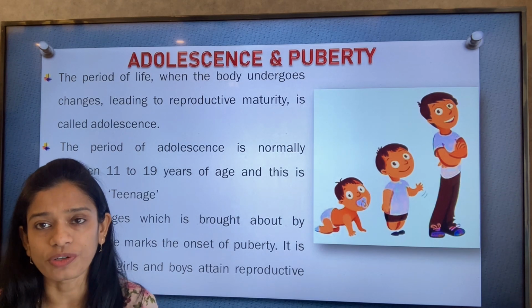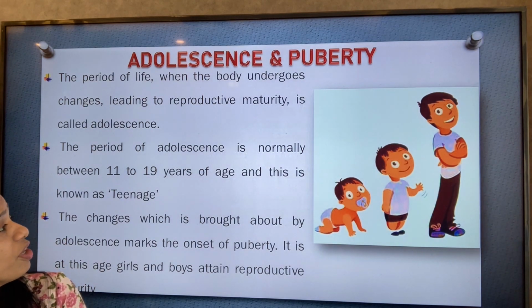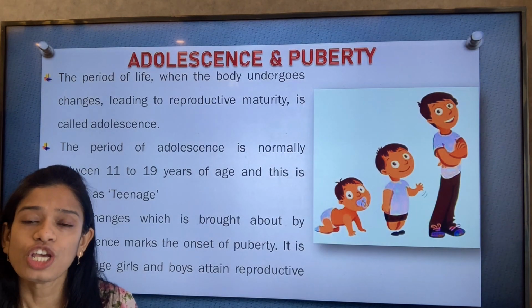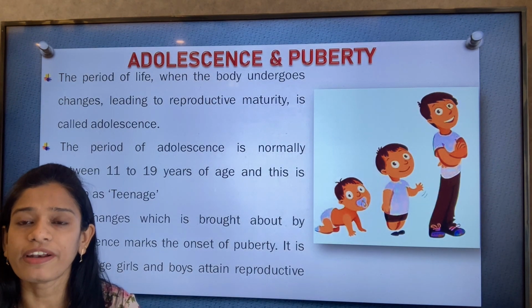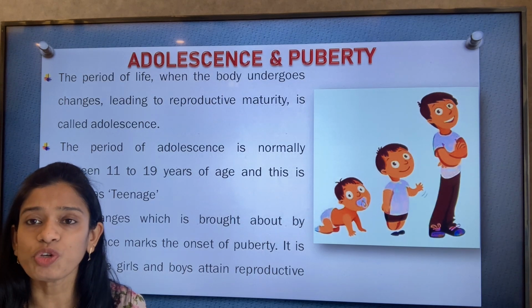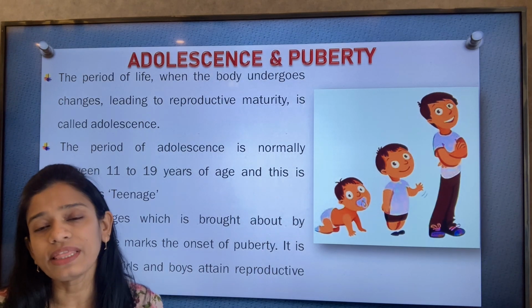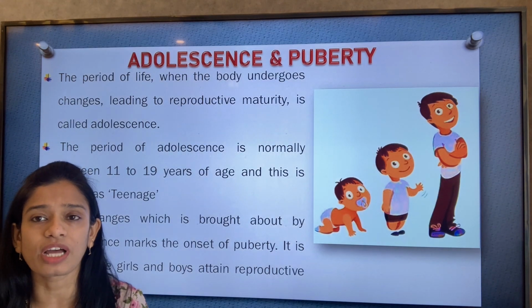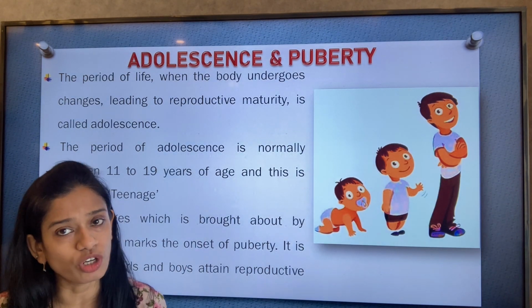Next, the period of adolescence is normally between 11 to 19 years of age, and this is known as the teenage. It varies from person to person when the adolescence will start. For some it starts early, at 11 or 12 years of age.